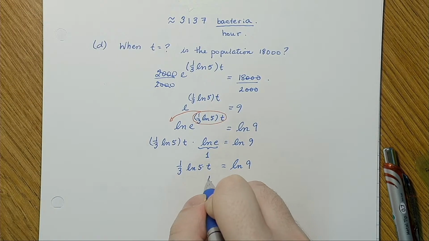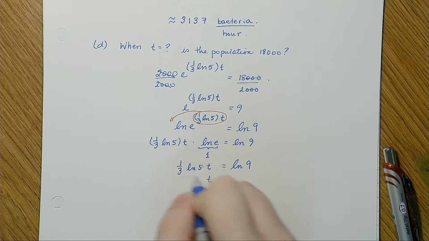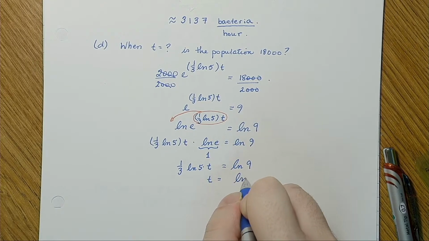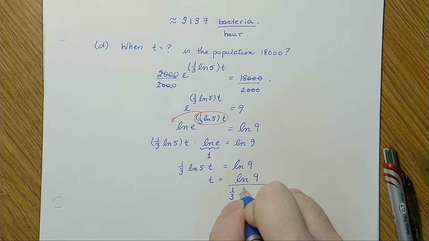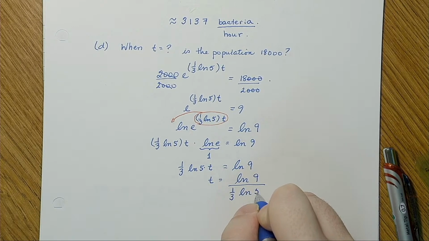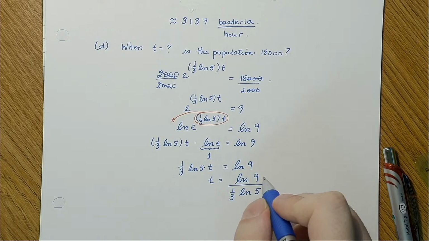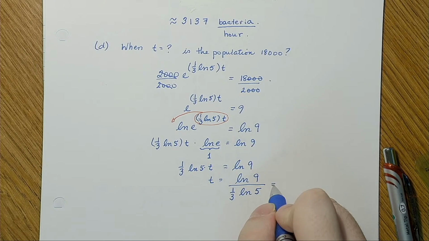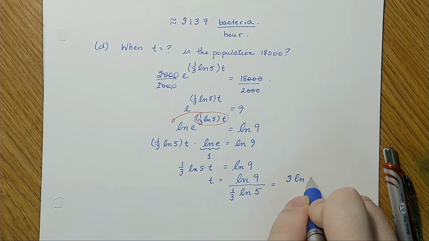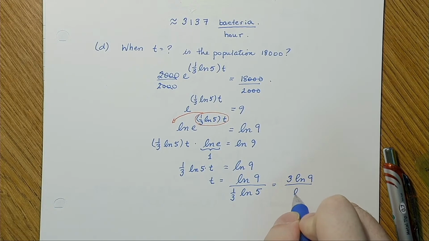And then I can bring this over to this side by dividing it. And I have the 1/3, so because that's in the denominator, I can bring that up top. So that's just 3 ln 9 over ln 5.